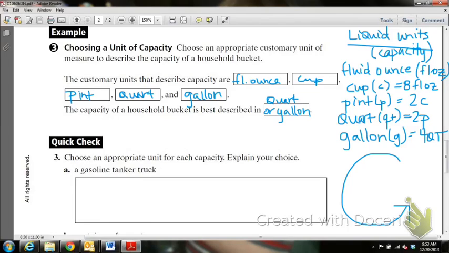Now, you may have seen the big G. Big G stands for gallon. Within a gallon are 4 quarts. Within each quart is 2 pints. It's very tricky.